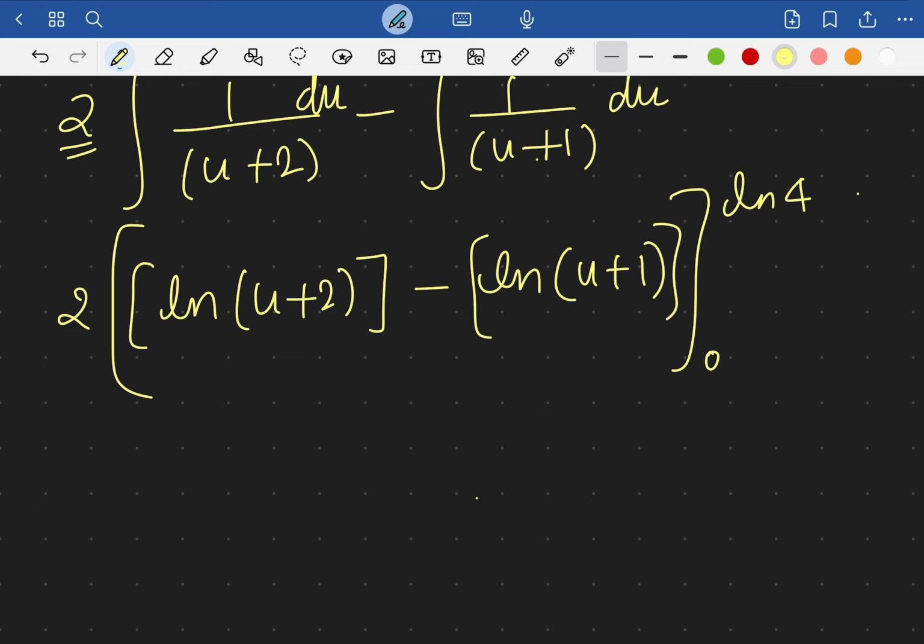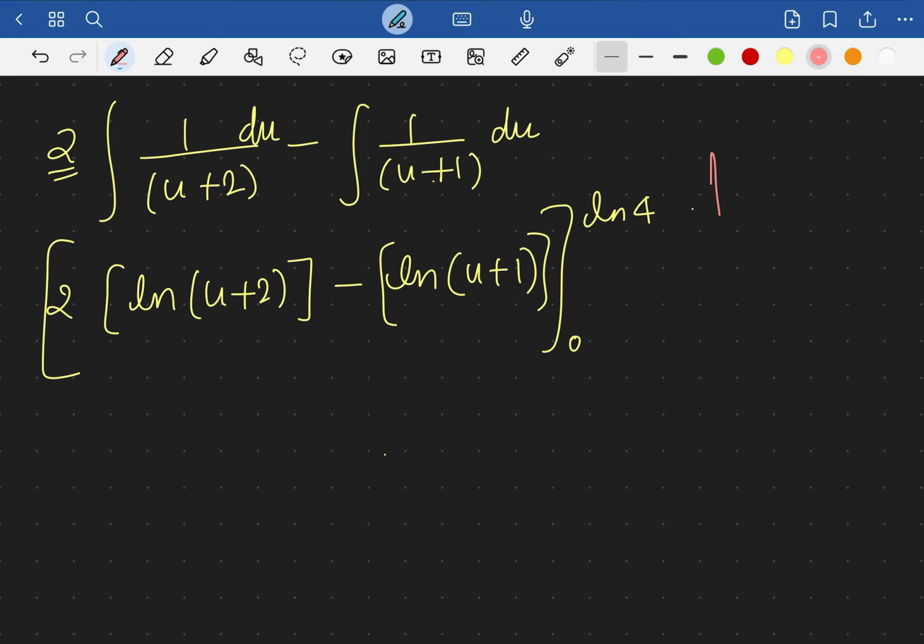Now what will I do? Before simplifying this, this bracket will come here. I'll simplify this. By looking at this, you can recollect a formula: a ln x can be written as ln x to the power of a.